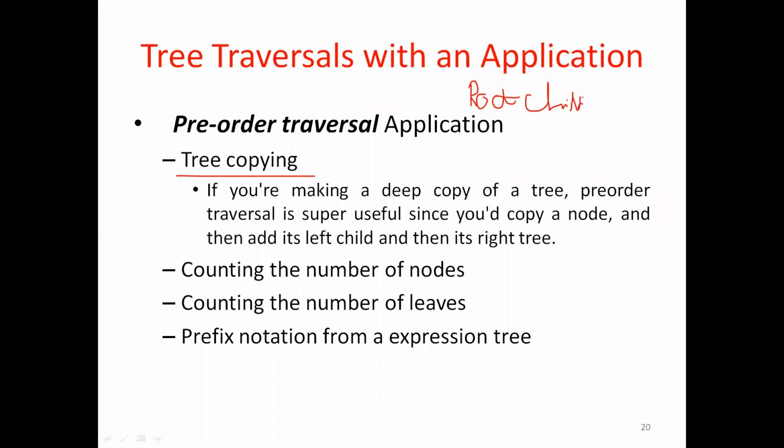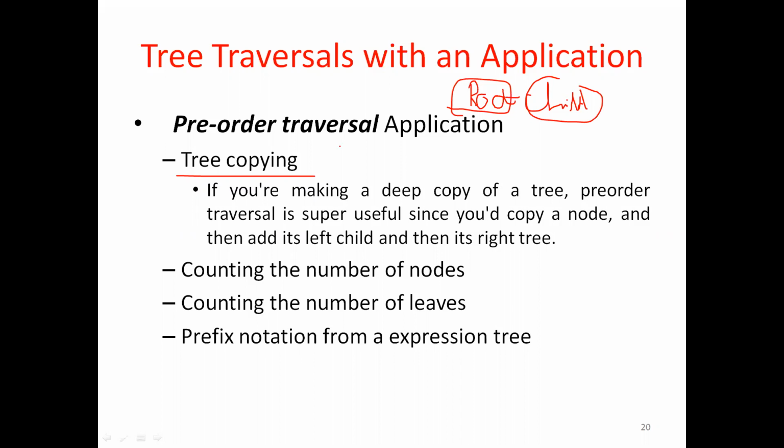That is the reason we are using pre-order. We cannot directly create a child node, right? First you need to create a parent node, then we'll create a child node. The same way is in pre-order also.